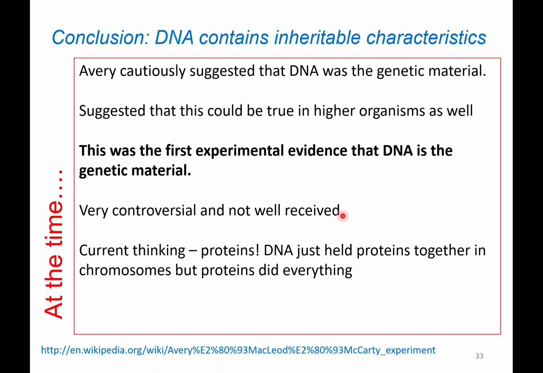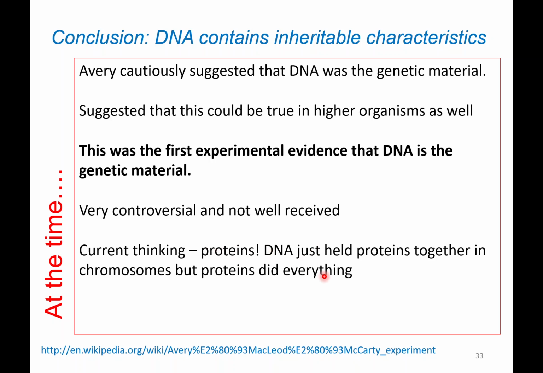At the time, it seems pretty obvious to us right now, but it was really controversial and not well received. The current thinking at that time was that proteins were where the genetic material, the inheritable characteristics, came from. Right?